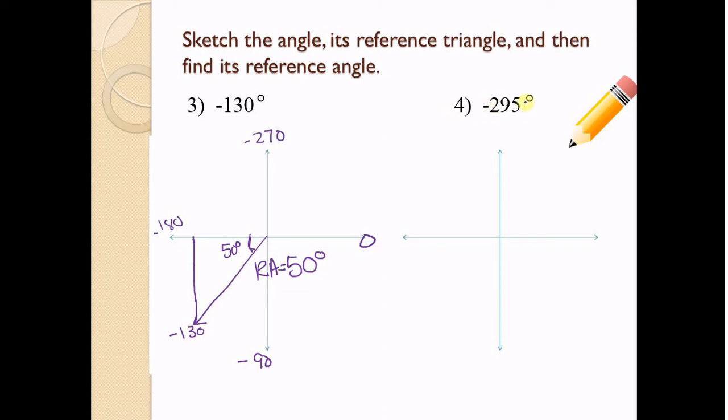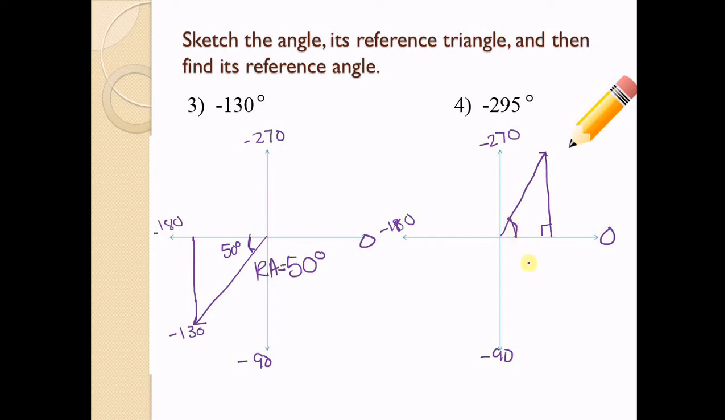Let's try it again. Negative 295. So I got 0, negative 90, negative 180, negative 270. So now, negative 295, that's going to be past 270, so about right here. Drop my perpendicular down.